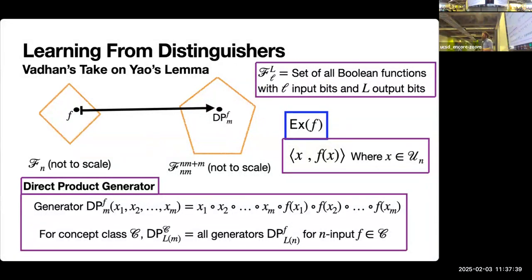Any other questions about the direct product generator? What's the purpose of the subscript being L of n for the collection, but the individual one being L of n? Oh, yeah, I could have put a parameter over here.